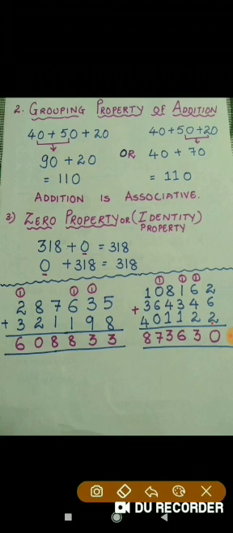Now 8 plus 4 is 12, 12 plus 1 is 13, 3 we will write here, carry over 1. 6 plus 1 is 7 and in the next column we will add 3 plus 4 is 7, 7 plus 1 is 8. Here we have added the numbers.